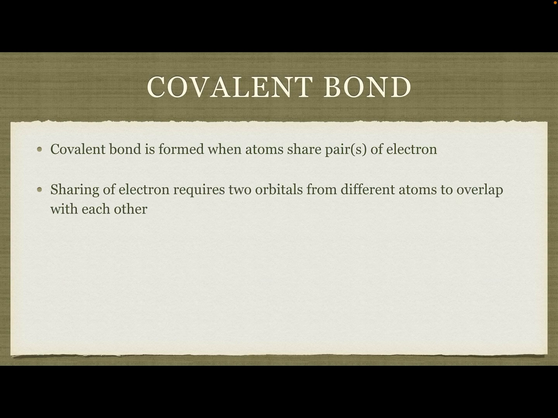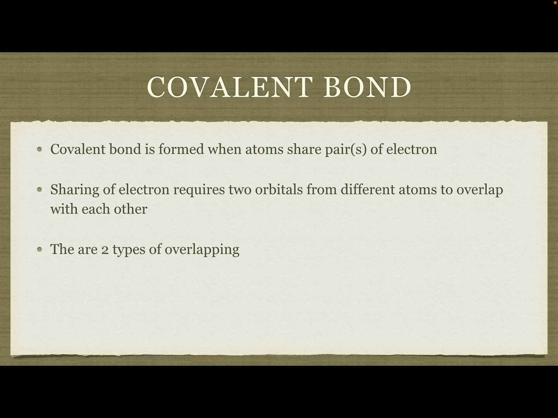So kalau nak share pair of electron, orbital yang ada elektron tu mesti overlap with each other. Dia mesti bertindih, mesti combine with each other. Satu orbital daripada satu atom combine with another orbital from another atom. Therefore, the sharing of electron can happen.